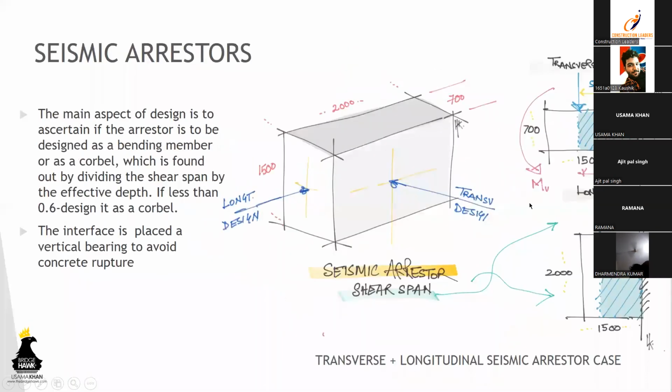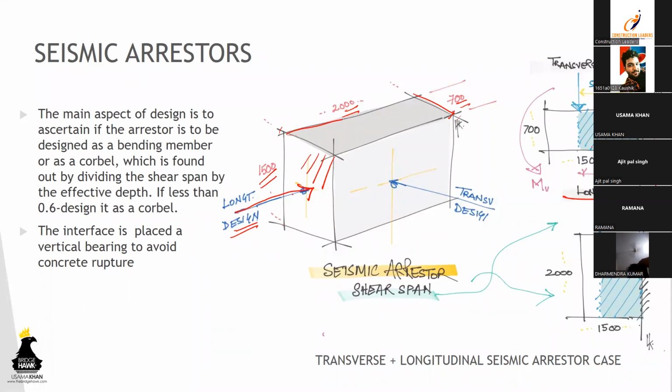So when we are actually designing a seismic arrester, this is a case for an arrester being a transverse as well as a longitudinal. So this is a longitudinal force which is acting on the section, the height of which is 1500, the length is 2000, and the width is 700. So when we are talking about longitudinal design, this figure has to be taken into consideration.